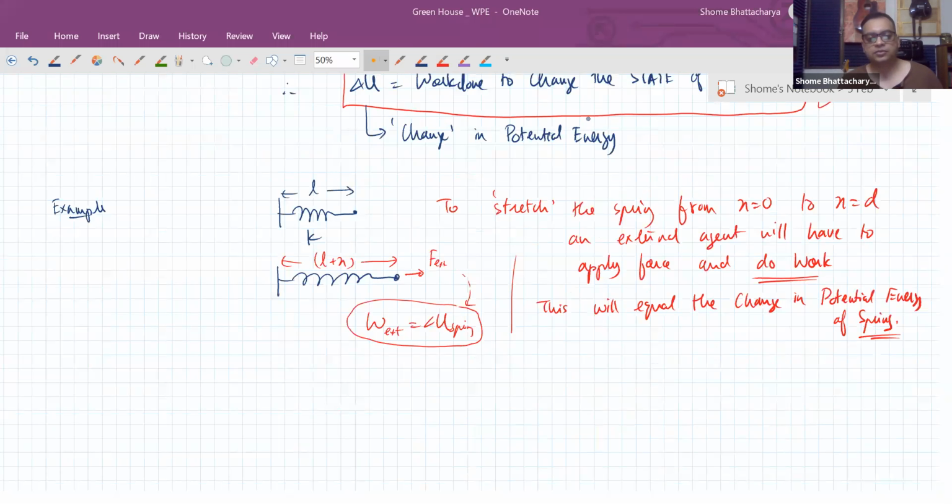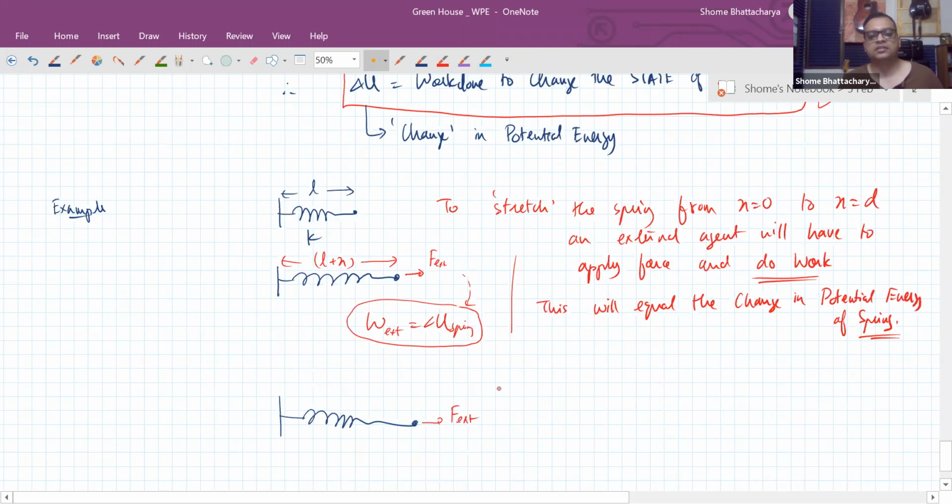So when we are stretching this, what is happening now? If you look at the free body diagram of this, the external force we are applying is balancing this internal spring force.